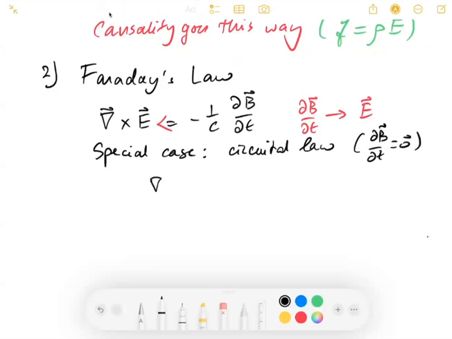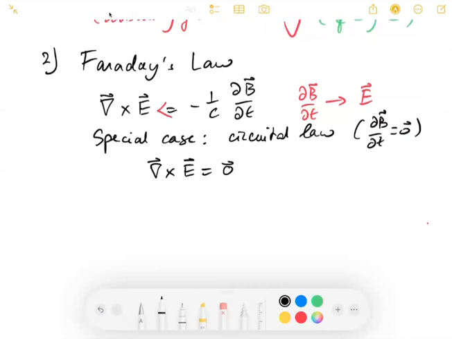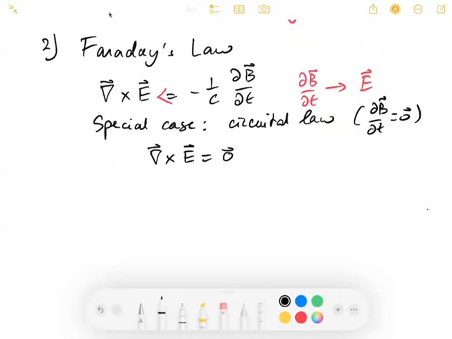Then it just says that the curl of the E field is 0. And the fact that the curl is 0 means that the E field is a conservative field.